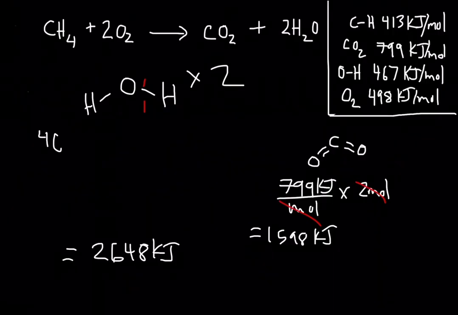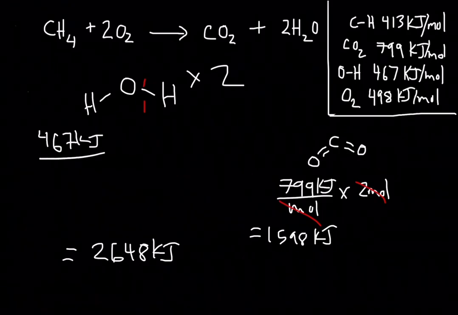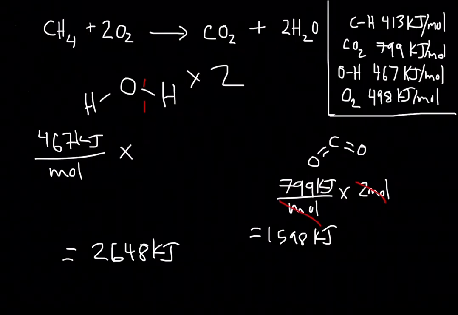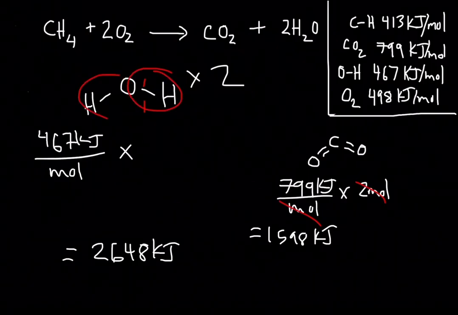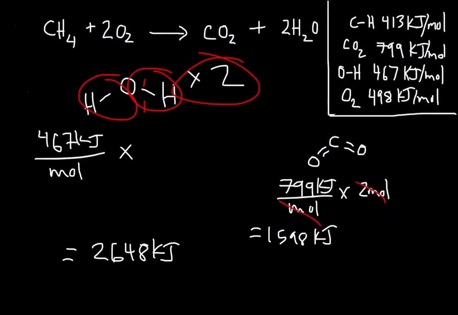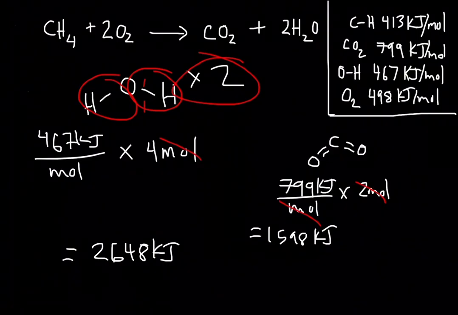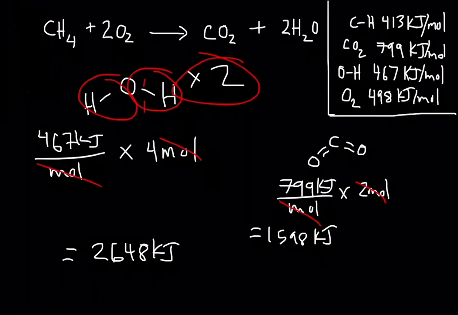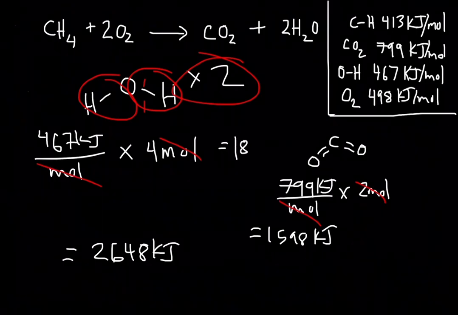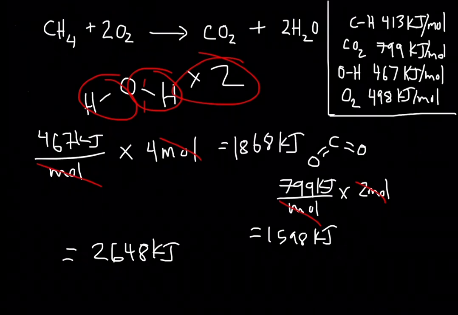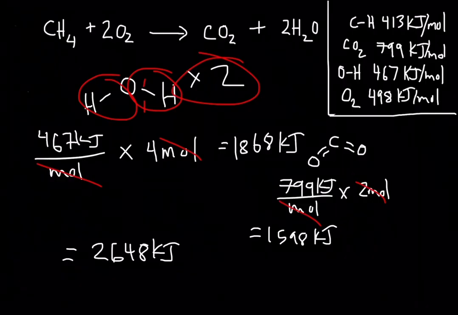So 467 kilojoule per mole multiplied by, in each mole of water there are 2 OH bonds and there are 2 of them. So 2 times 2 is 4. So we have 4 mole. Now these cancel. So 467 times 4 is 1868 kilojoule. So this is how much energy is from the water.